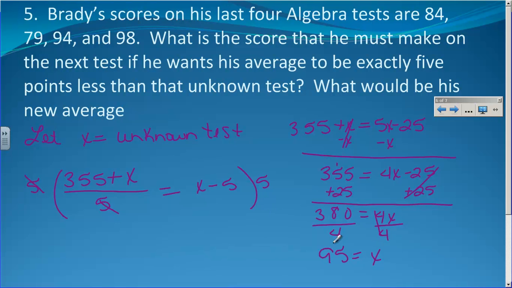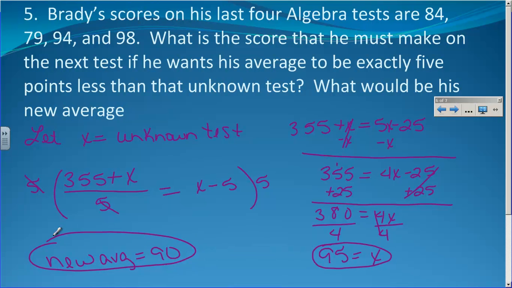Now the next question is, what's his new average? Well, to find his new average, I add all 5 tests now, and I divide by 5. I know the first 4 tests add up to 355. So if I add 95 to that, I get 450. So I just added the 4 tests plus the 95, and then I divide by 5. His new average is a 90.